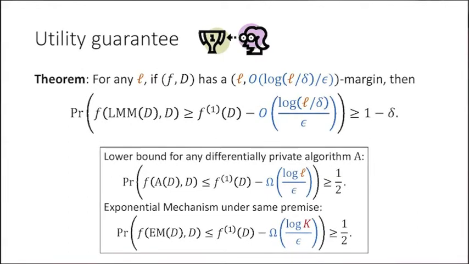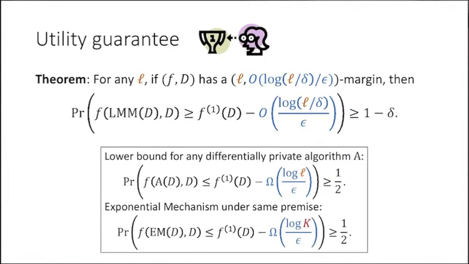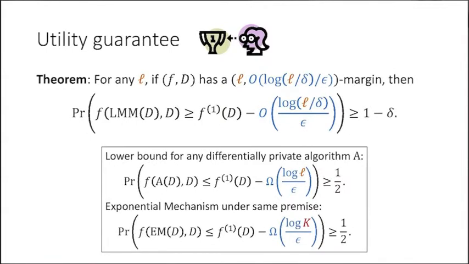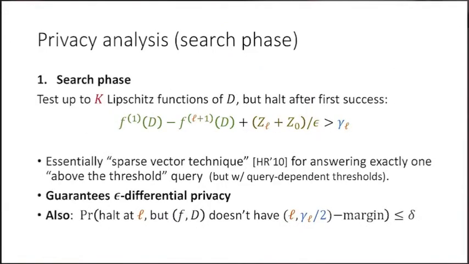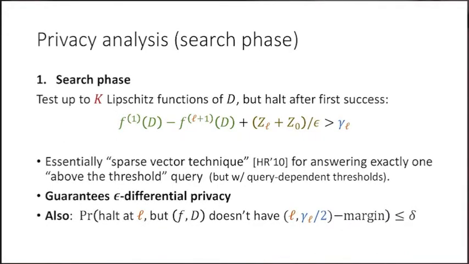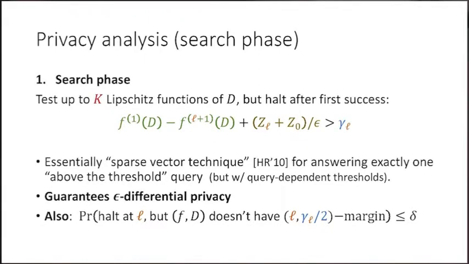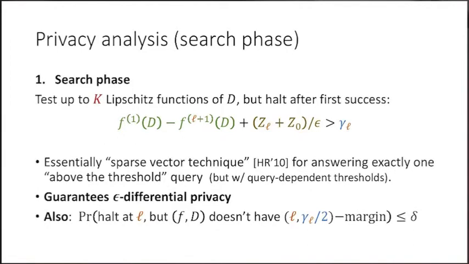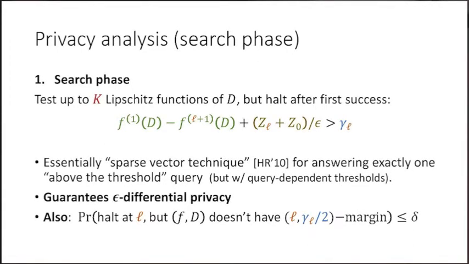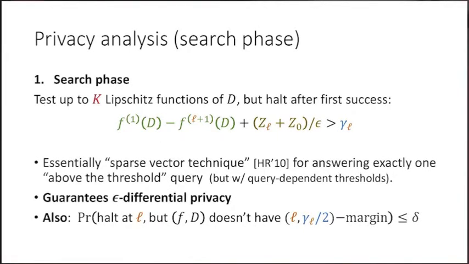Okay, so I'll just sketch the analysis very briefly. There's this first phase that is essentially just an application of previous work by Hart and Rothblum on the sparse vector technique. What you're trying to do is answer a bunch of queries, but you hope that there's only one query that you really have to answer. You can view what we're doing in that way, in some sense. We just have different kinds of queries that we're trying to ask about the data set.